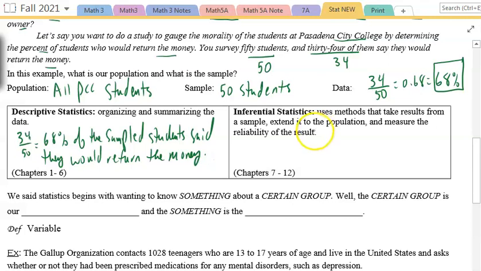Inferential statistics uses methods that take results from a sample, extend them to the population, and measure the reliability of the result. So, this method takes the sample and says, well, based on this sample, we believe the entire population will do such and such, and will tell you how reliable this connection is.